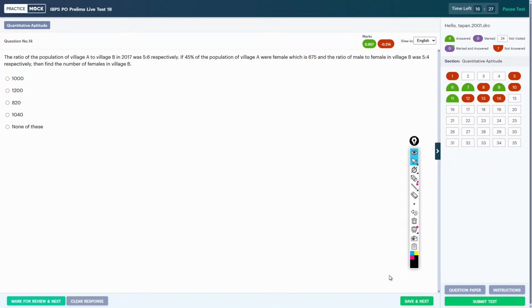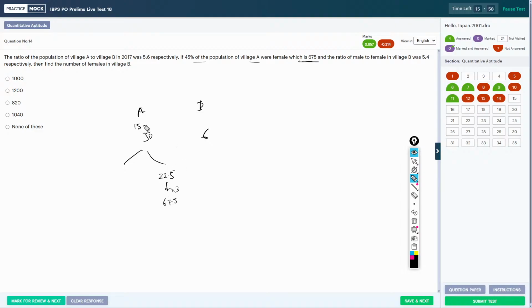In a ratio of village population, village A to village B is 5 to 6. Some portion of village A are female, 22.5 female, which is... okay, so this is given, into 3.